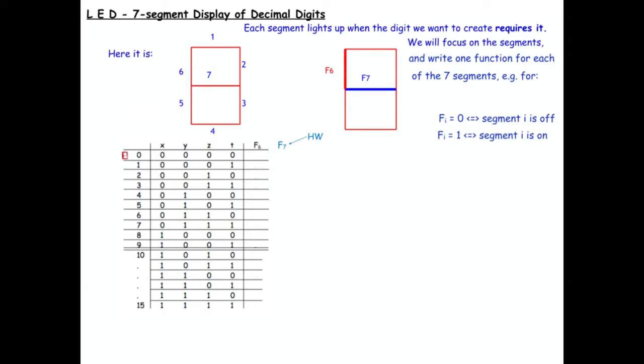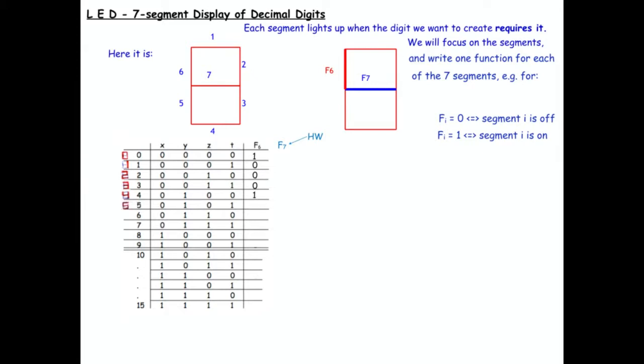So for 0, we need all of them except for 7, but we're looking at 6 specifically, so it should be 1. For 1, should be 0, because just 2 and 3. For 2, again, no 6, 0. For 3, no 6, 0, as we just determined. For 4, yeah, we need 6, 7, 2, and 3, so should be 1.